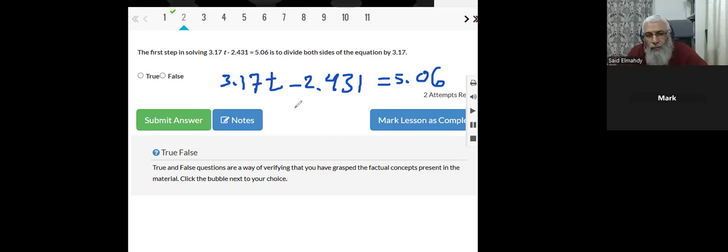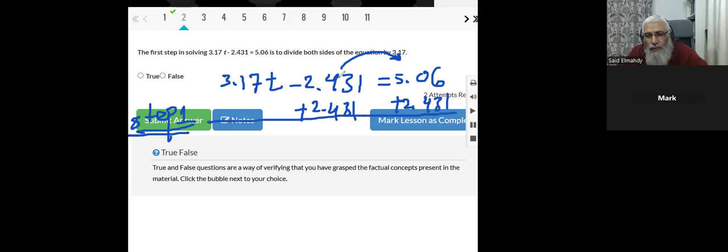First, step number one is moving this to the other side by adding 2.431. So this cancels out, so 3.17t equals this number, which is 194.7.